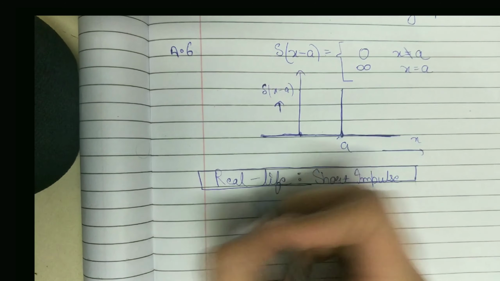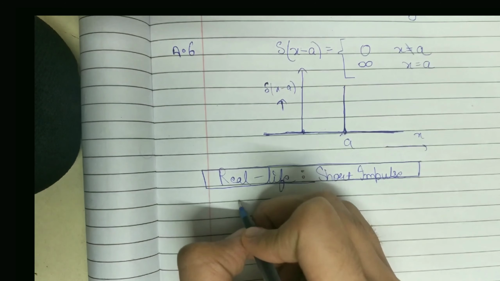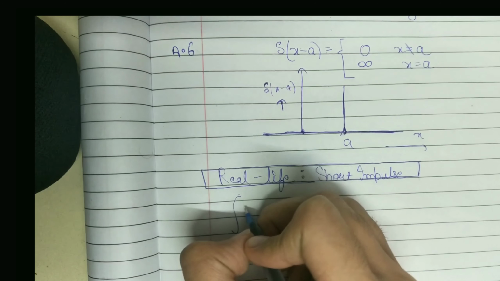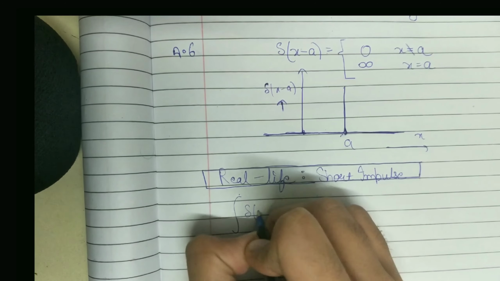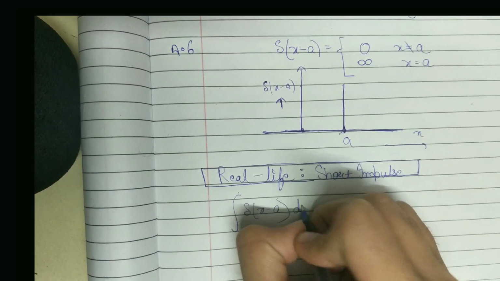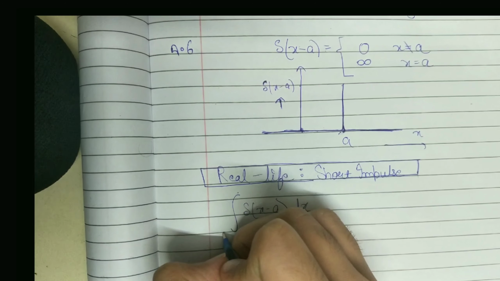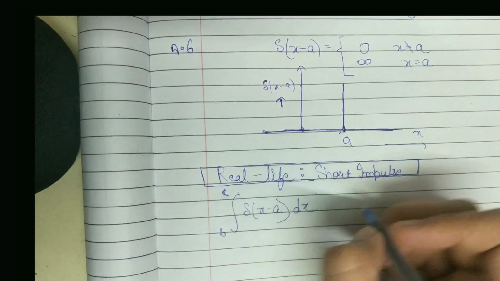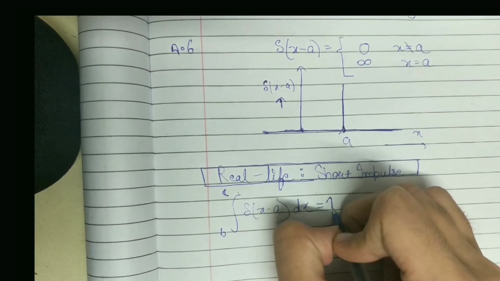Another property I want to discuss is that if we integrate a Dirac delta function, delta(x minus a) dx, between limits that contain a, then this yields 1.